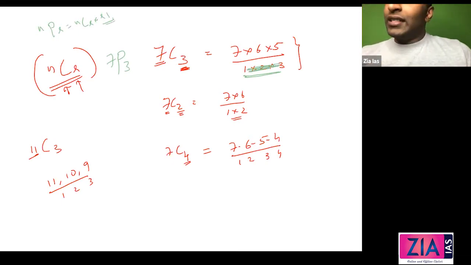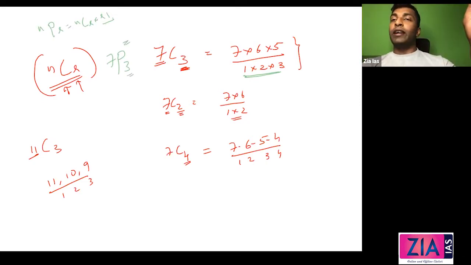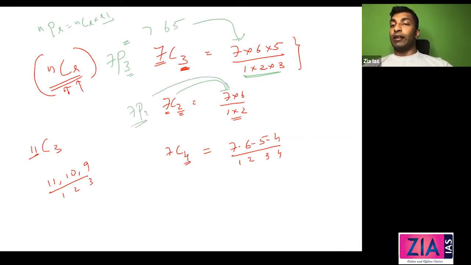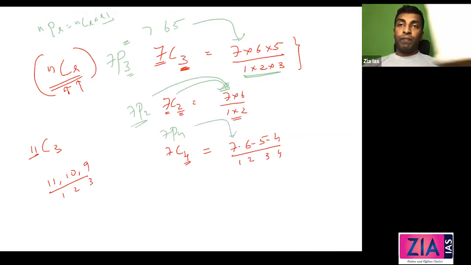This formula and all, just ignore the formula. If it is 7P3, this is 3, so take 3 terms and there won't be any denominator. 7, 6, 5, only this part. 7P2, 7, 6, only the numerator. 7P4, only the numerator. Okay.